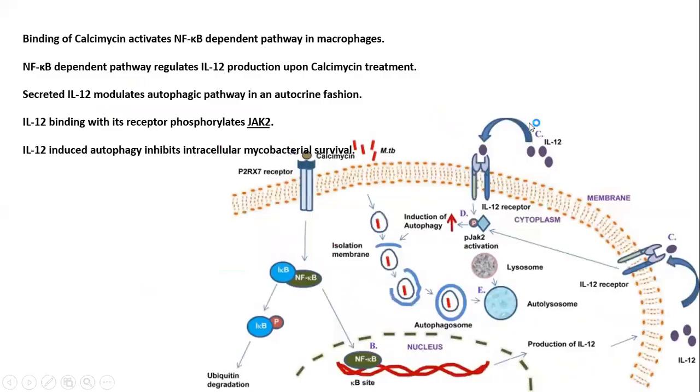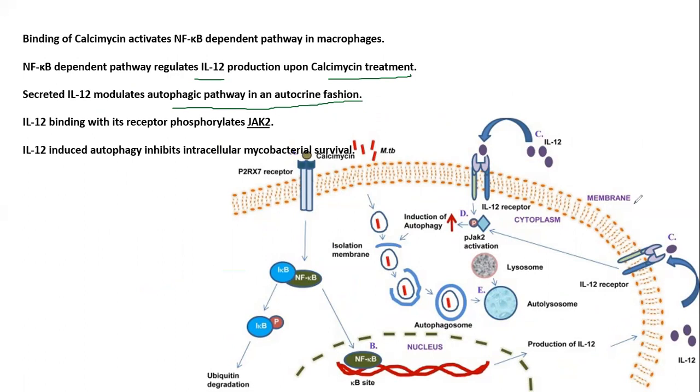Okay. Now, binding of calcimycin activates the NF-kappa B dependent pathway in macrophages. What is NF-kappa B over here? It is your transcription factor. Now, the NF-kappa B dependent pathway regulates interleukin production upon calcimycin treatment. So these secreted interleukins modulate the autophagic pathway in an autocrine fashion.